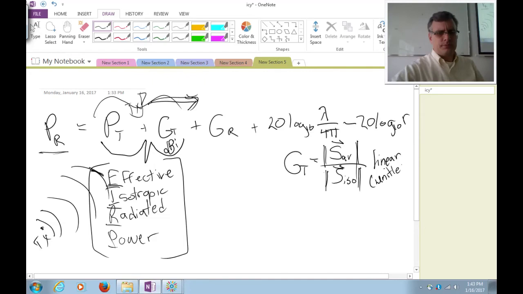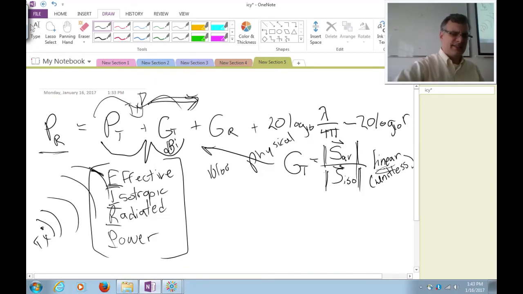So this is the physical definition, and whenever you have a physical definition, it's always in linear units. The logarithmic definition is a convenient way that RF engineers like to deal with antenna gains and powers. You would have to take 10 log base 10 of this quantity to get it in there.